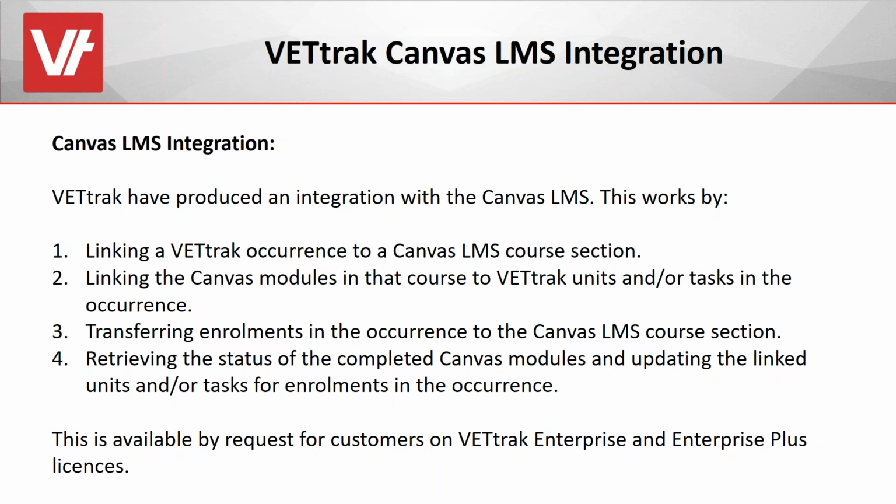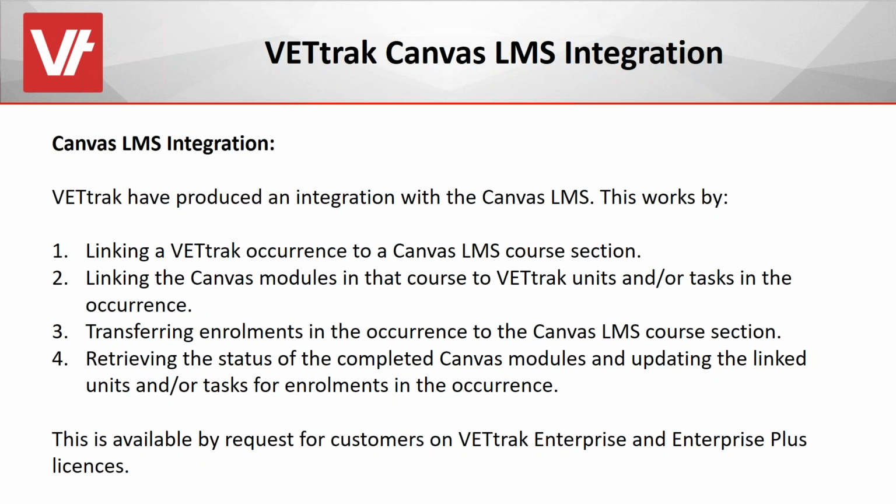Just as a note here, this integration does work specifically for occurrence enrolments in VETtrak, and you'll see why as we go through. This integration feature is available by request for customers on VETtrak Enterprise and Enterprise Plus licenses. What that means is you need to send an email to support@vettrak.com.au requesting that feature be turned on in your VETtrak instance.